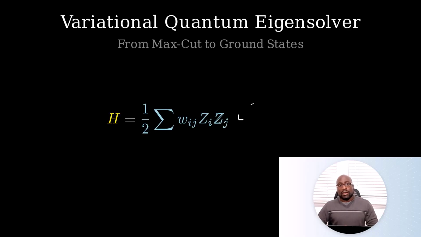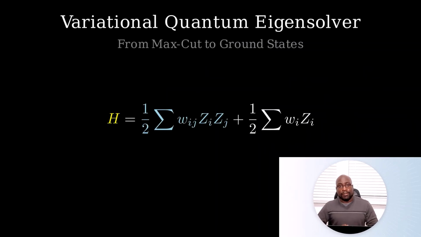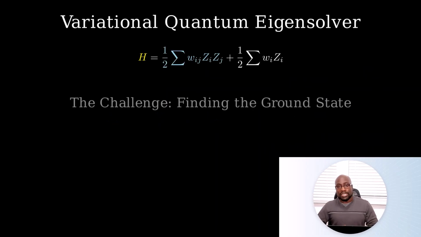Remember, for the max-cut problem, we constructed an Ising Hamiltonian. The ground state of this Hamiltonian, the quantum state with the minimum energy, encodes the solution. Finding this ground state is our goal.